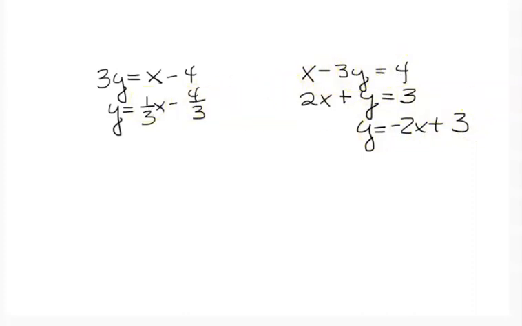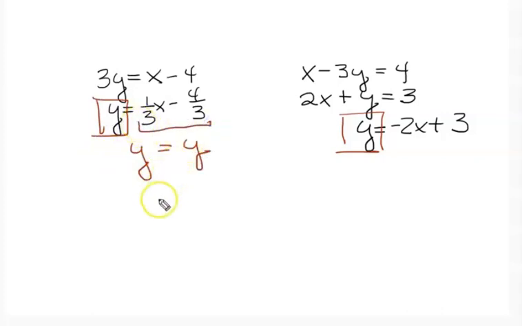Now, another method of substitution is I can let my y's equal each other, because we know that y equals y, and this y is this, which is 1/3 x minus 4/3 equals a negative 2x plus 3.